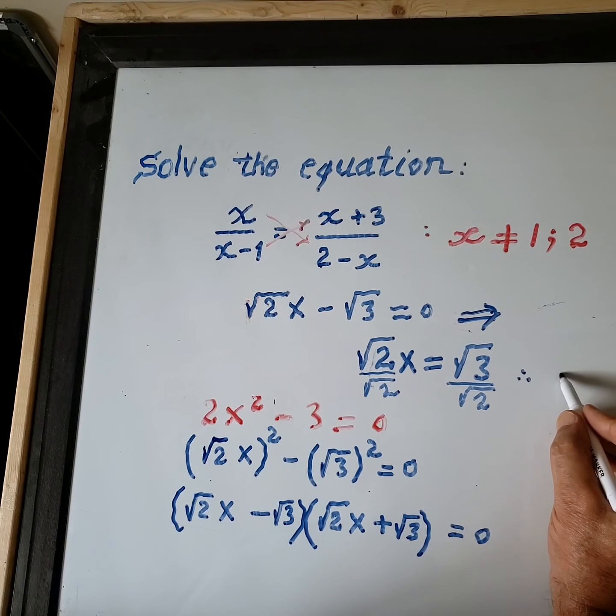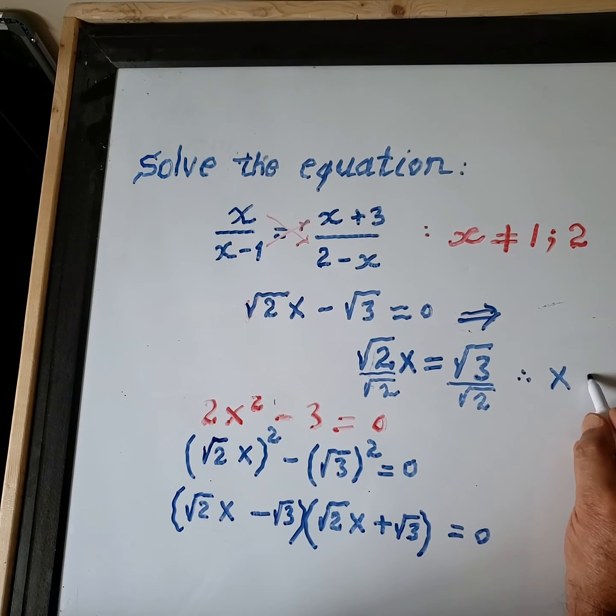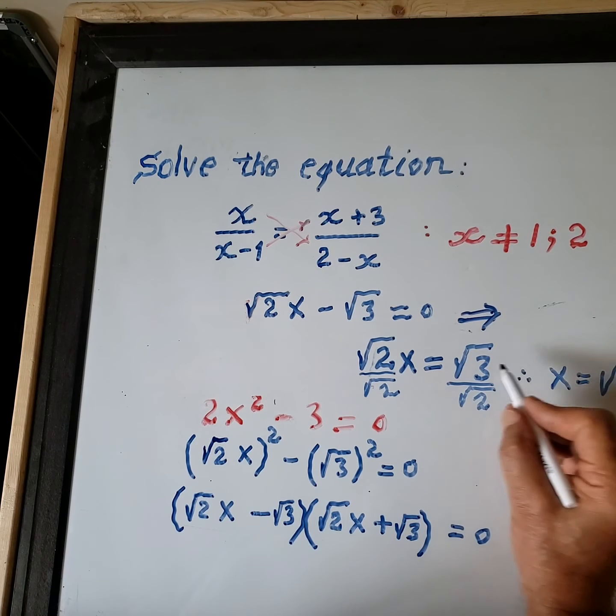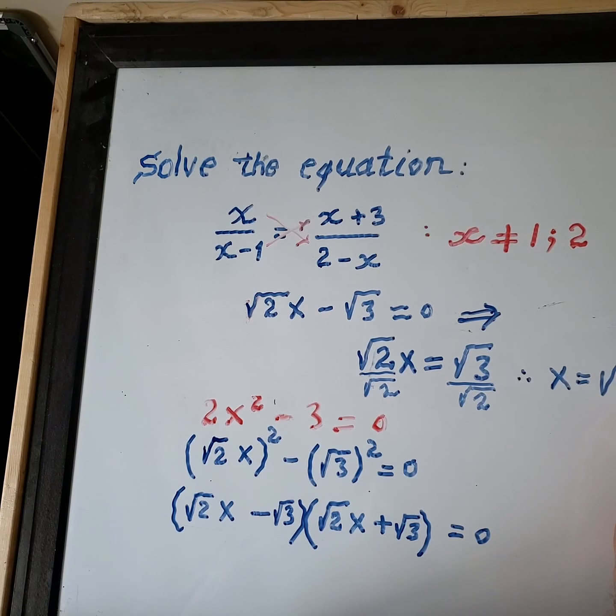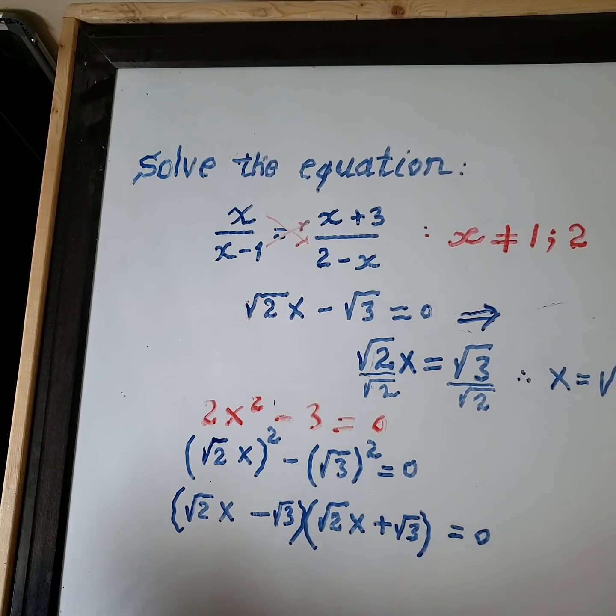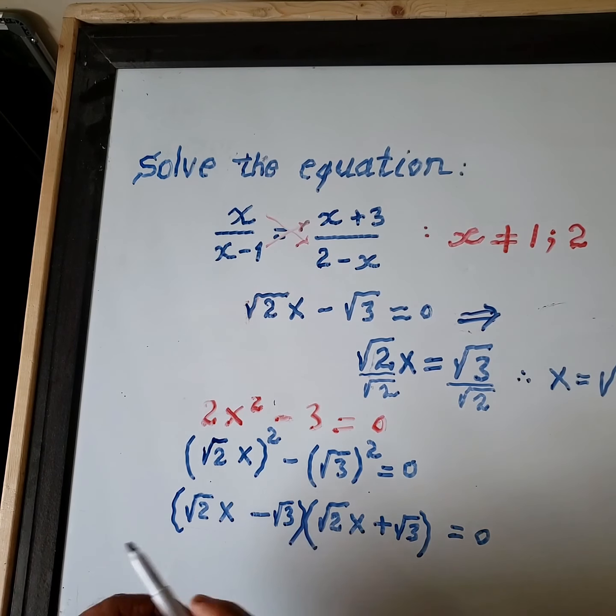Then x is equal to square root of 3 over square root of 2, that means square root of 3 over 2. This is the value from the first two brackets.